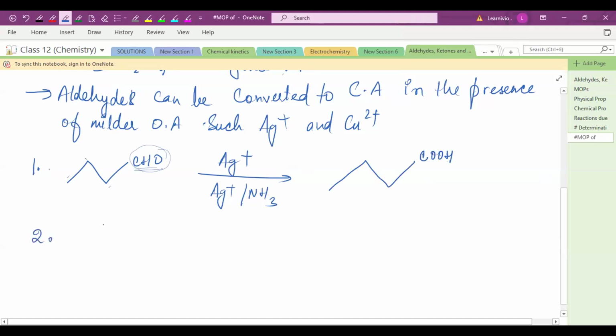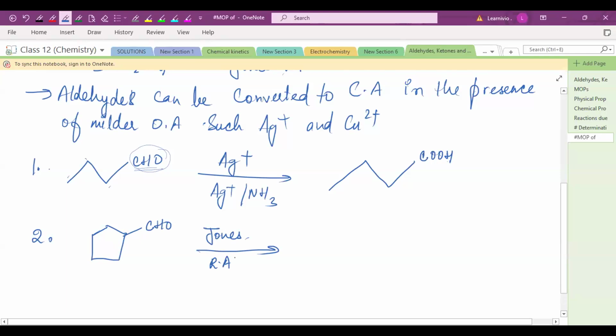Second thing, suppose if we take your cyclopentane carbaldehyde. What is this? This is a cyclopentane and this is CHO group. Okay, if we are not considering this in a parent chain, so CHO के लिए हम क्या use करेंगे? Carbaldehyde. So in the carbaldehyde, if we use the Jones reagent, so what is Jones reagent? CrO3 plus your H2SO4, which is a strong oxidizing agent.